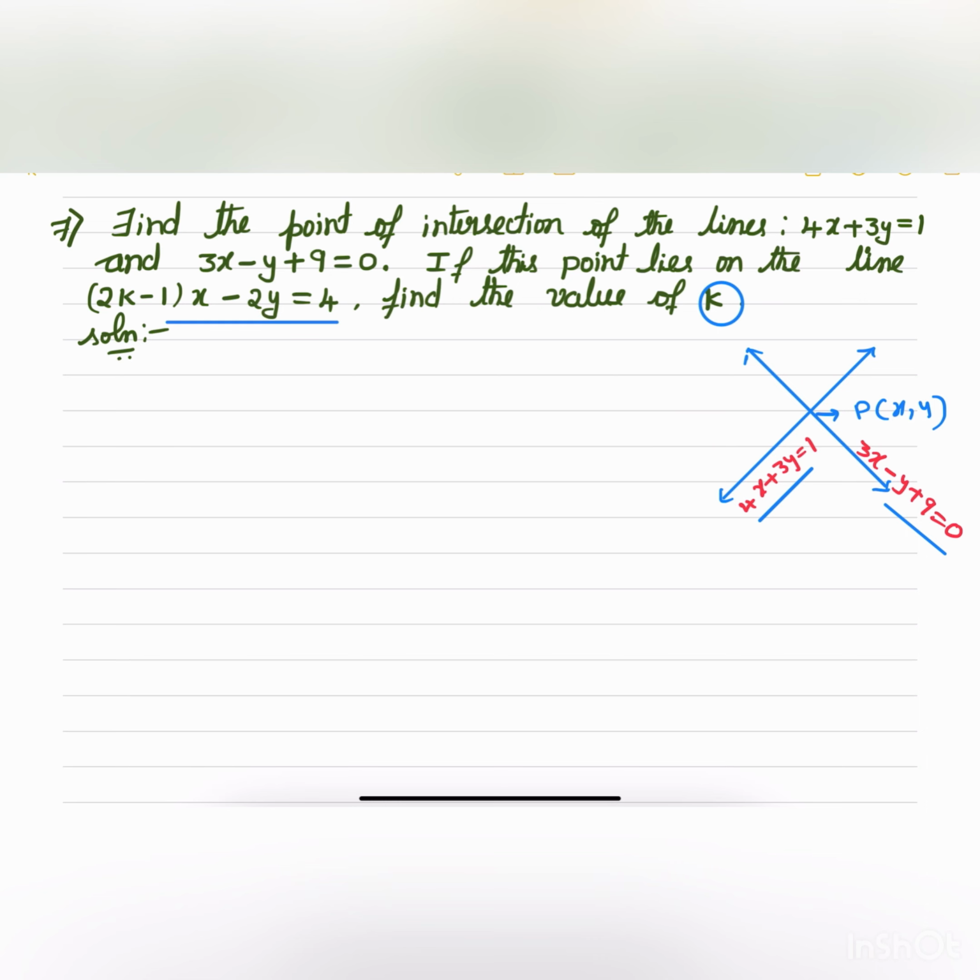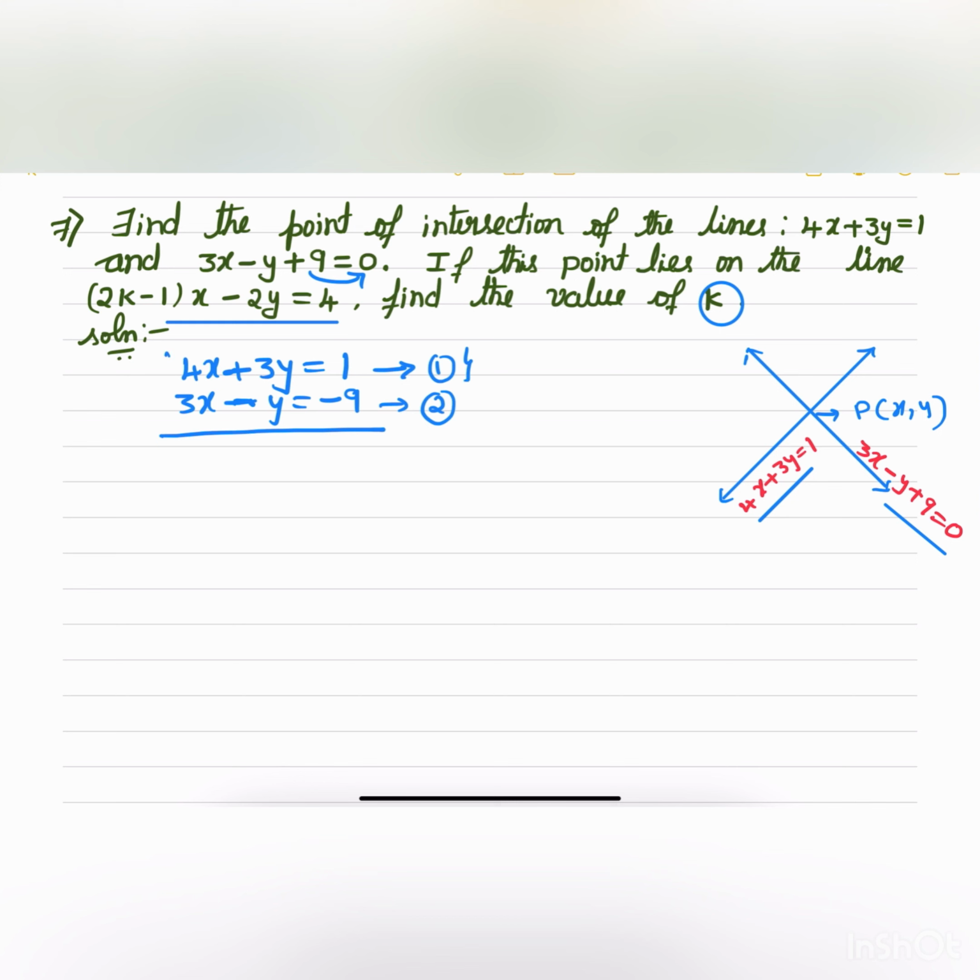So let me take this as 4x plus 3y equal to 1 and then 3x minus y is equal to, I'll shift this 9 to the right side, minus 9. Now we have plus and minus for y, this one term. So I'll take the first one as equation 1 and this as equation 2.